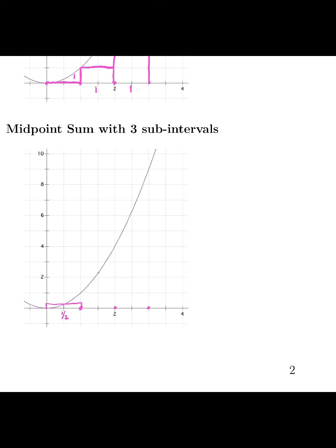It happens again here at 3/2. We use the output of the function at 3/2. It happens again here at 5/2. Okay, so the width of our rectangles didn't change because the width of our intervals hasn't changed.